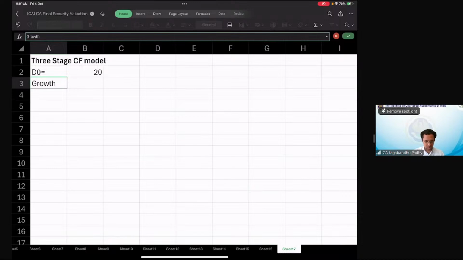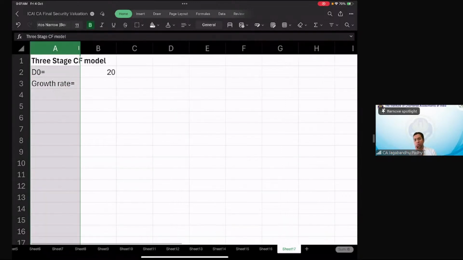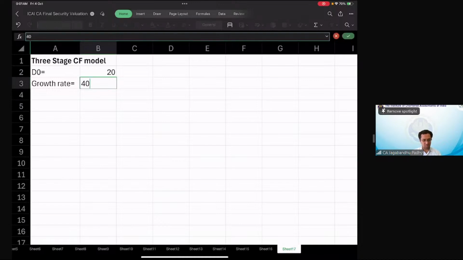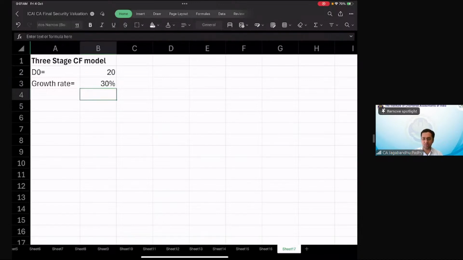The company is growing at a very rapid pace, let us say 30%, and this growth rate is going to be there for 4 years. After 4 years, the growth rate is going to slow down. It's never going to be a case that after 4 years, the growth rate suddenly reduces from 30 to 10%. Is that really going to be a case?